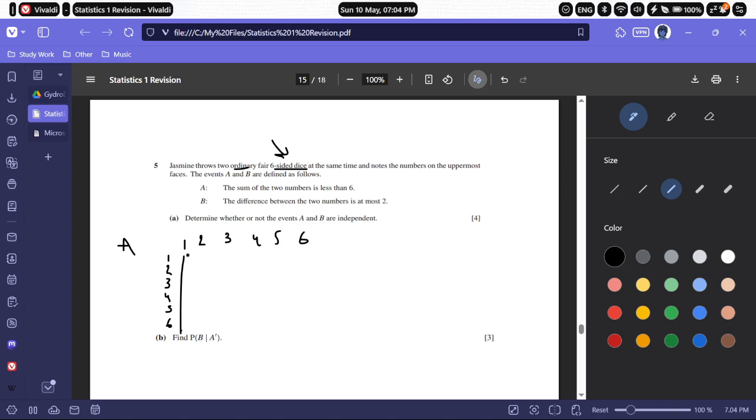For event A, it's just the sum of the two numbers.